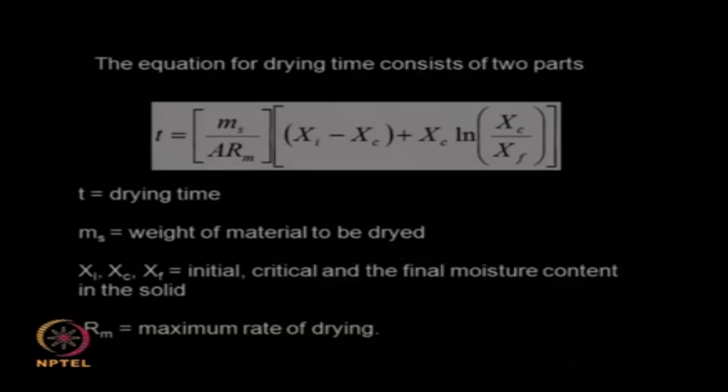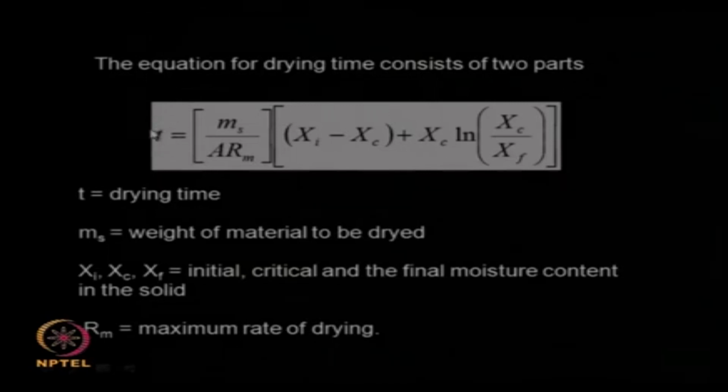Now based on that, we also said that there are two types of regions, one is the constant rate drying and the other is falling rate drying. We have a mathematical relation which relates the drying time T to many other parameters.